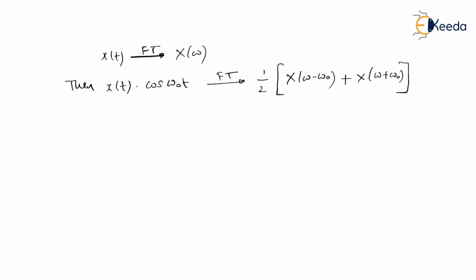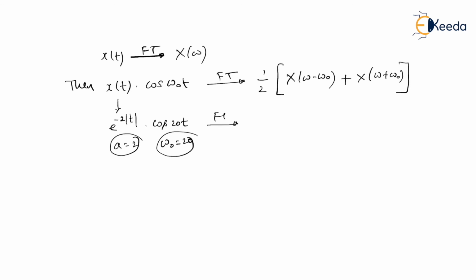So here what I'm trying to get is a Fourier transform for e to the power minus 2 mod of t cos of 20t.